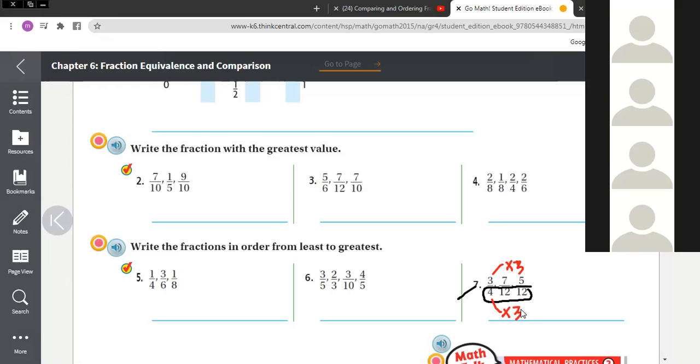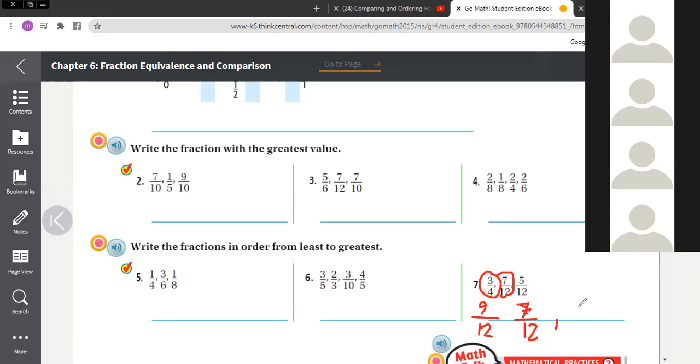Now please write the new fraction. If you do that, 3 over 4, you multiply both of them by 3. 3 by 3 is 9. 4 by 3 is 12. Now 3 over 4 becomes 9 over 12. Now write 7 over 12 as itself, because the denominator is 12. And 5 over 12 is the same, right?